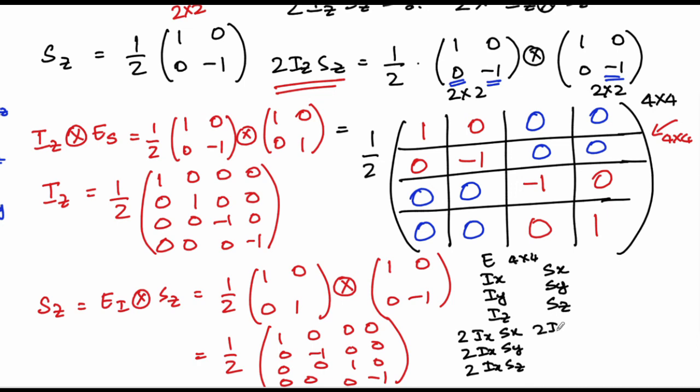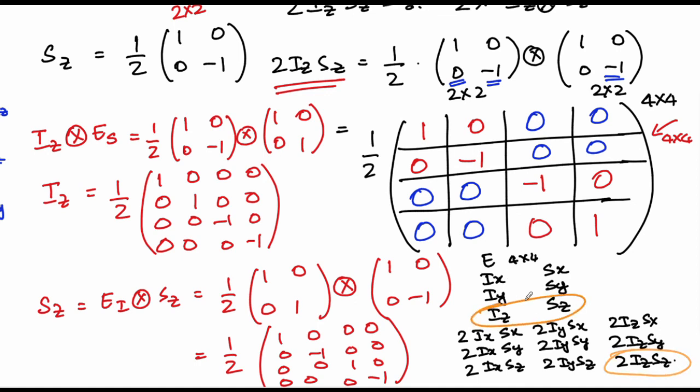Similarly, we can write 2IYSX, 2IYSY, 2IYSZ, 2IZSX, 2IZSY, 2IZSZ. We have just seen in this lecture how to represent 2IZSZ and IX and SX.